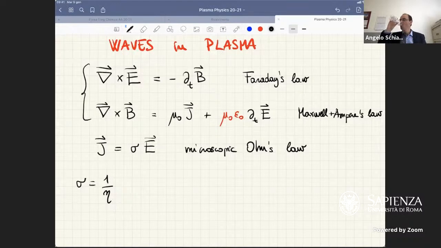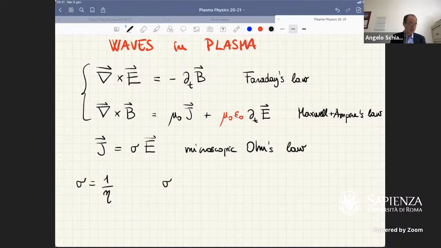So the conductivity and the resistivity in general can be a tensor, and can depend on the frequency of the wave, can have a dependence on the omega of the wave, and this is the only thing we are going to retain at the present.